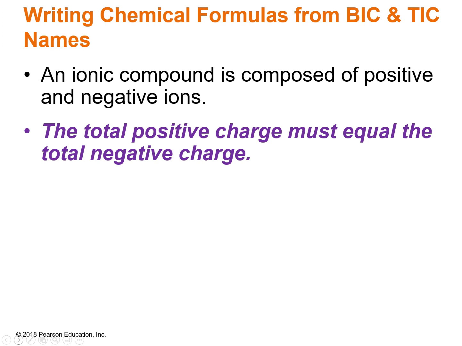The total positive charge has to equal the total negative charge. We just talked about that in terms of writing the name when you have a transition metal and you have to figure out the charge so you can use the stock system. I'll give you another example to show you how the positive and negative charges work out.